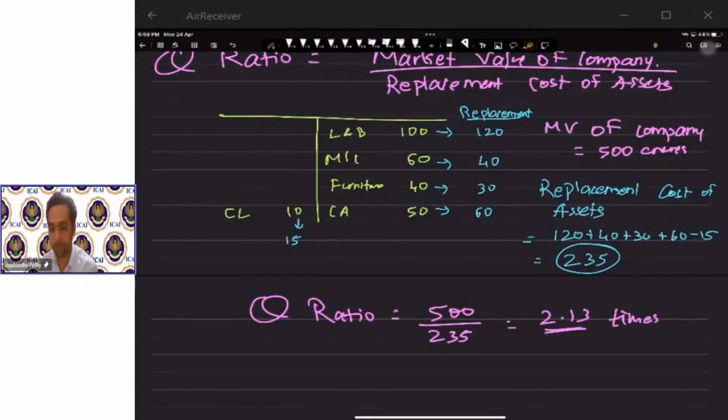Q ratio. This ratio was actually developed by a person, Mr. Tobin, who named it Q. Now, there's no reason why it is Q. It's the name given by him.